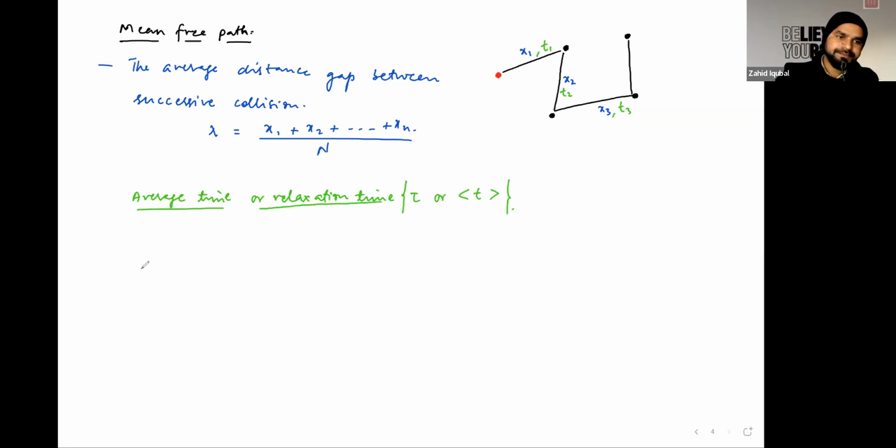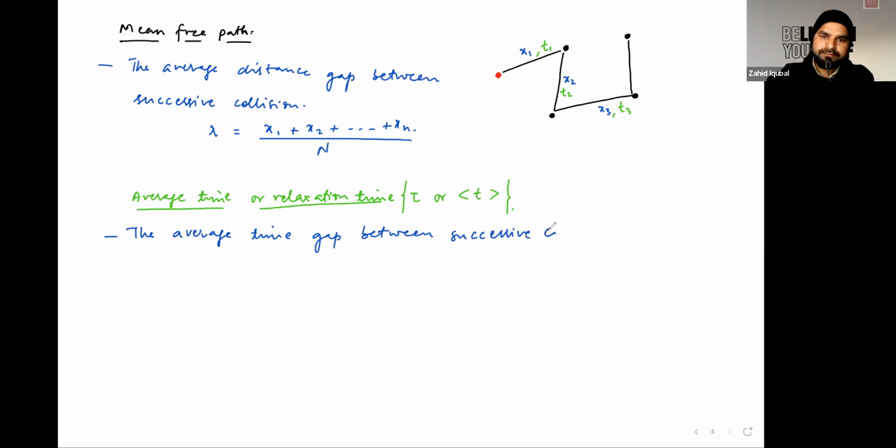So this is the average time gap between successive collisions between gaseous particles.